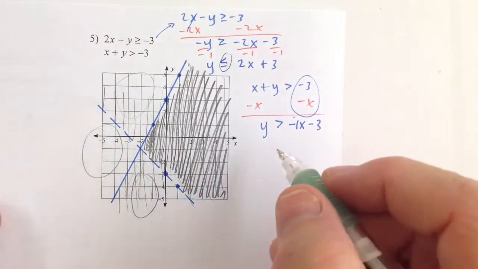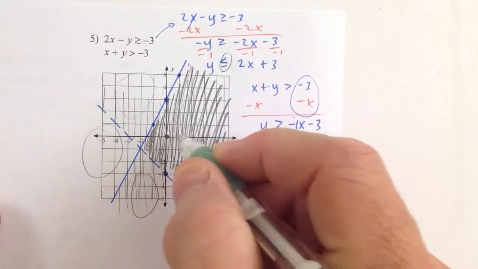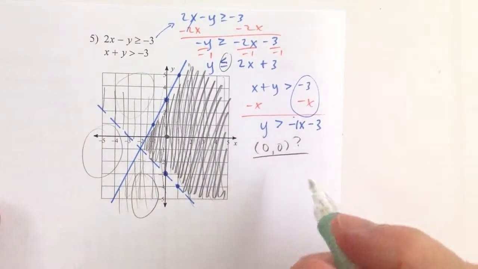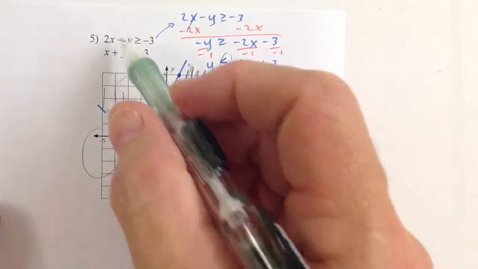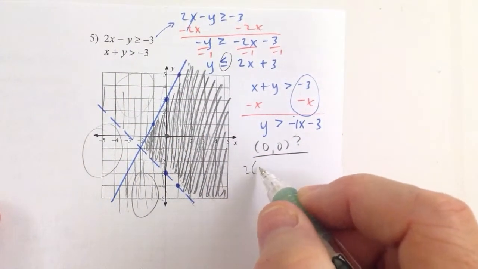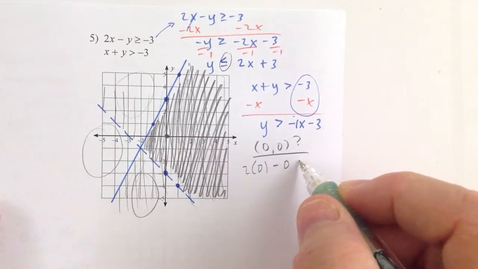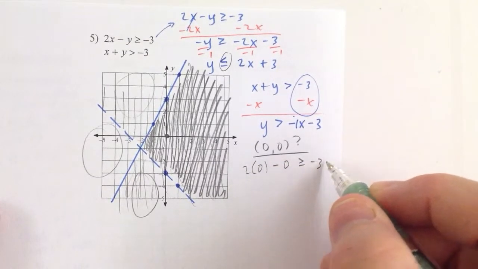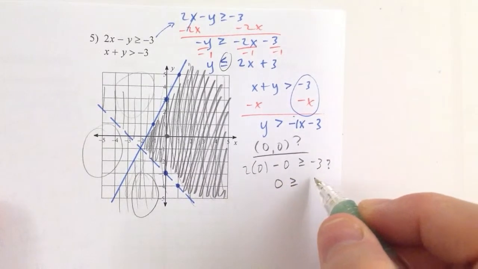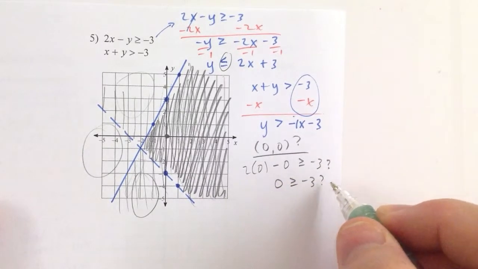And again, let's go ahead and check. We're lucky we got 0, 0 again, so let's check 0, 0. It should make both inequalities true. Let's plug 0 in for x, 0 in for y, and ask ourselves, is that a true statement? 0 minus 0 is 0. Is 0 greater than or equal to negative 3?